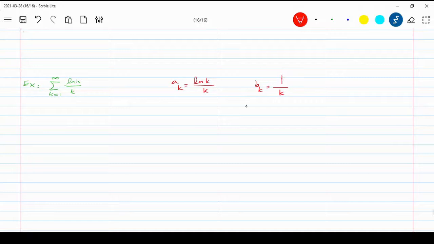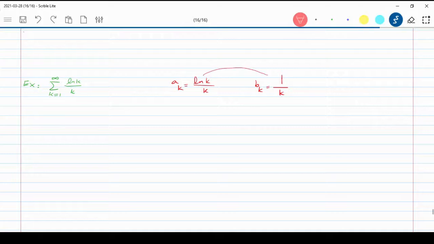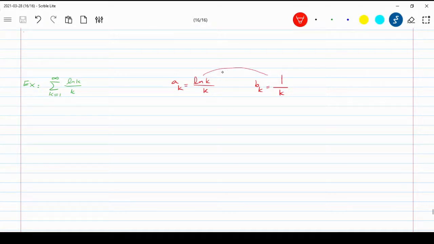I'll pick that to be 1 divided by k. ln k is not always greater than 1, but after k being greater than 2, then this is greater than 1. k being greater than 3 maybe is enough. So it is true that ak is greater than or equal to bk for k greater than 3. Maybe not for the first two, but after that this is always true.